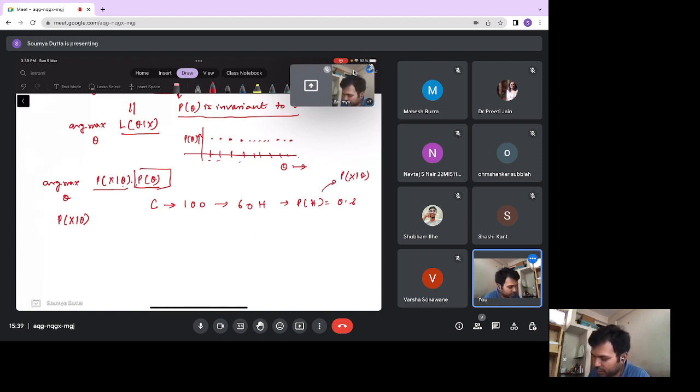However, let's say you have tossed this coin 100 times and for some reason 90 heads came. Then your probability of head would be 0.9, right? Because that is how you have calculated the MLE estimate. However, at the same time you knew beforehand that the coin you had started with was fair.